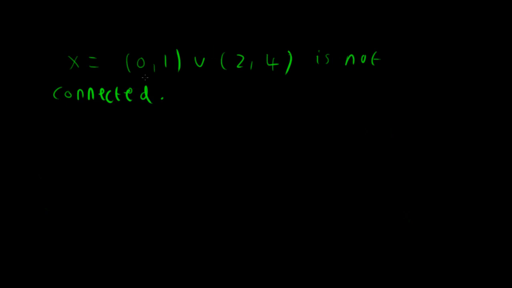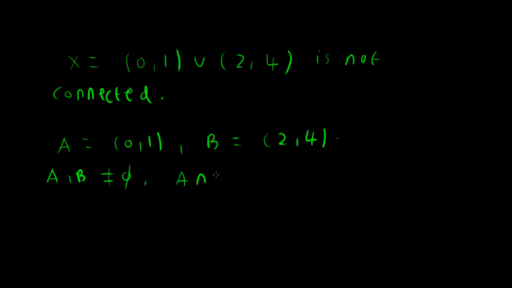Why? Well, it's kind of immediate, right? If I take A as (0, 1) and B as (2, 4), then A and B are not empty. Indeed, there is at least one point in both of these.